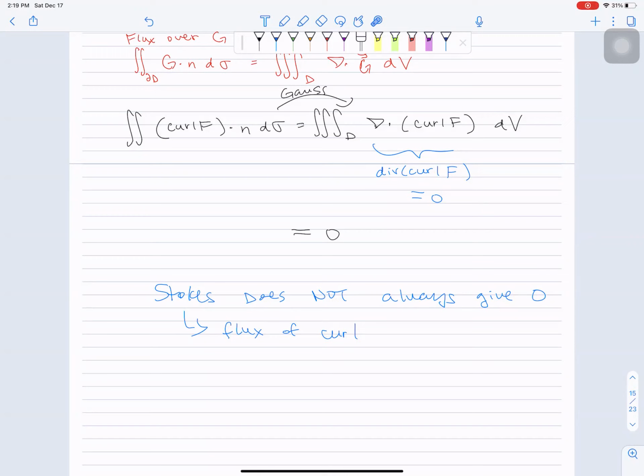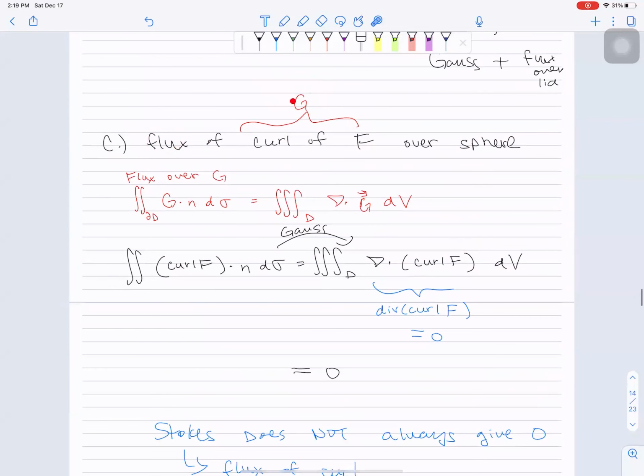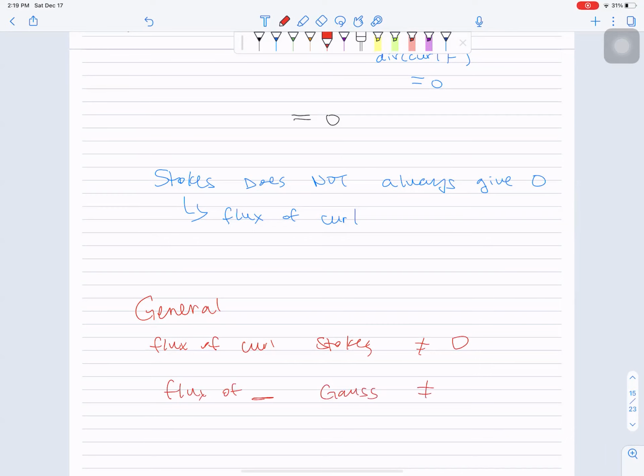In general, Stokes does not always give you 0. We've seen questions where you use Stokes and you get a number. In this case, we only get 0 because we have a closed shape and we're doing flux of the curl. If you're just doing flux of something using Gauss, you don't always get 0 either. So flux of curl using Stokes doesn't always give you 0, and flux of something using Gauss does not always give you 0.